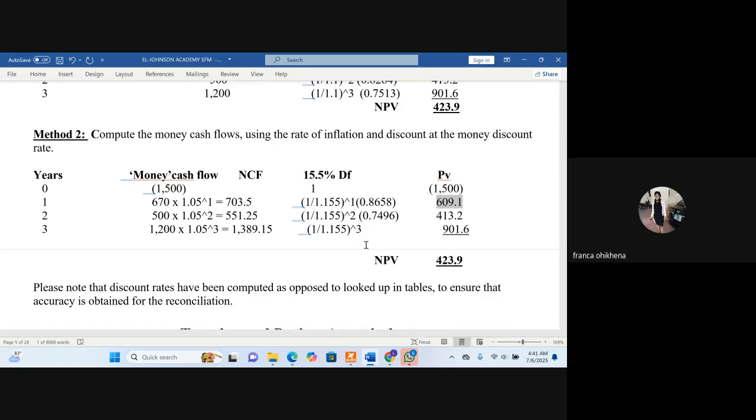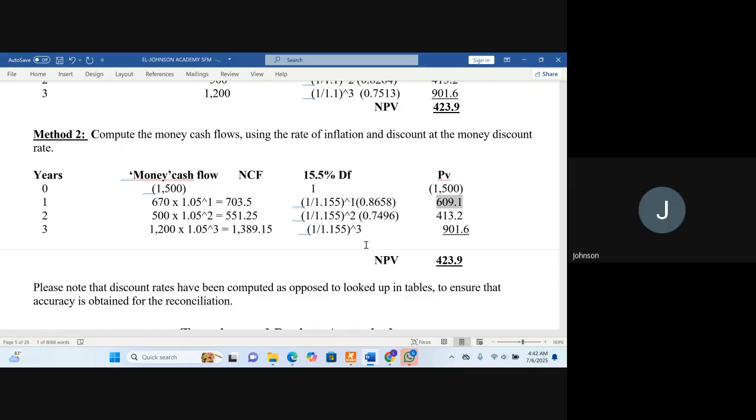Yeah, 2 PV is correct. Yeah, 1 PV is correct.